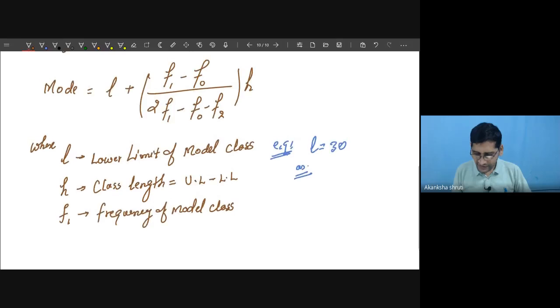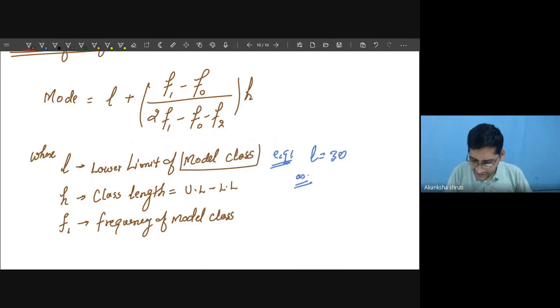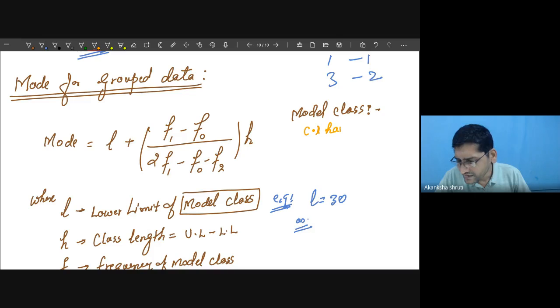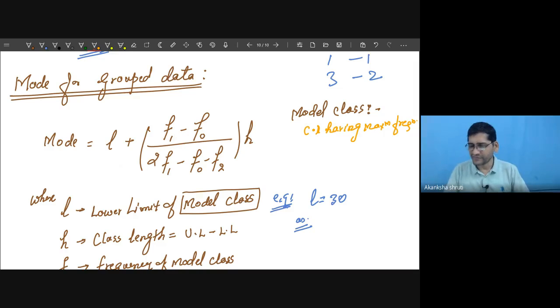Students, the very important thing is the model class here. So what is this model class? Let me write here. Model class: it is the class interval having maximum frequency or highest frequency. It's so simple. For that class interval, whatever class interval we are taking, it has some lower limit to upper limit.